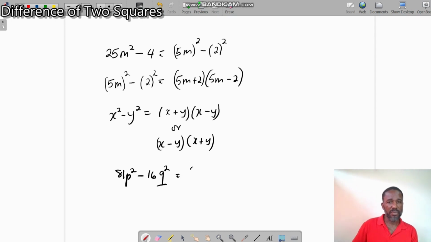So that becomes 9p squared minus 4q squared, and automatically then our answer becomes 9p plus 4q multiplied by 9p minus 4q.